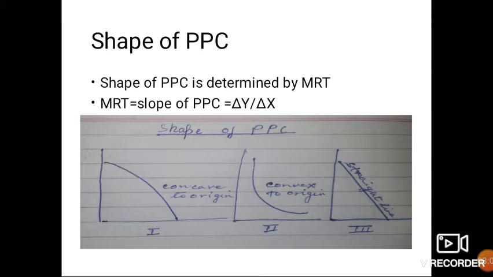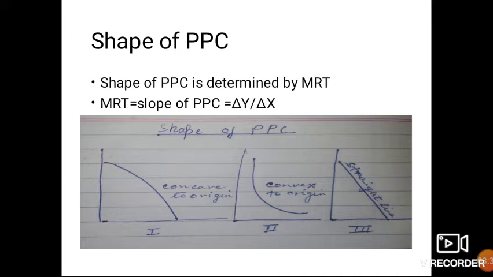MRT or MOC is equal to slope of PPC, which is equal to delta y, the sacrifice of y commodity, upon delta x, the gain of x commodity. This is known as MRT or MOC.